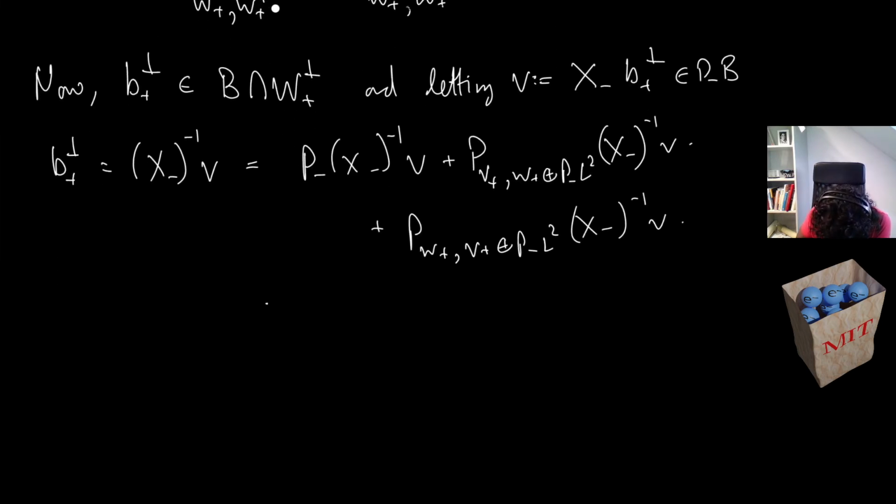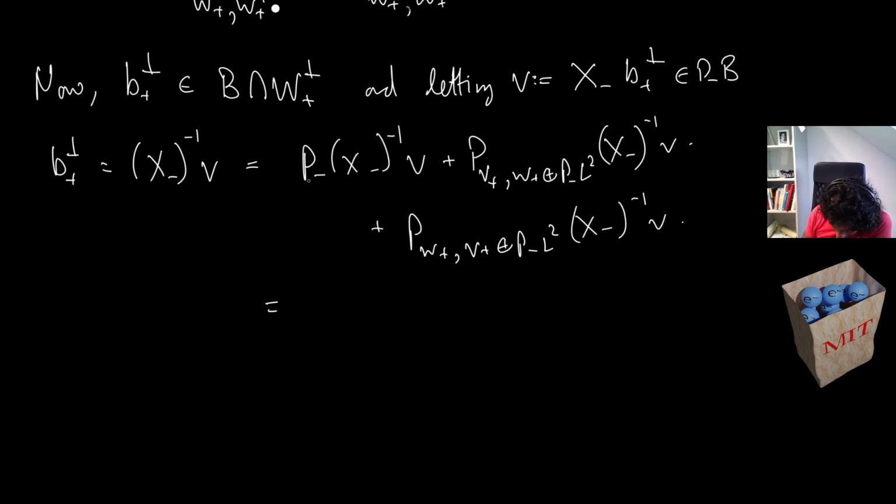Okay, but what is this? So the first quantity here, P minus chi minus inverse of V is what? So X is equal to the projector P, restricted to this subspace B intersect W plus perp.